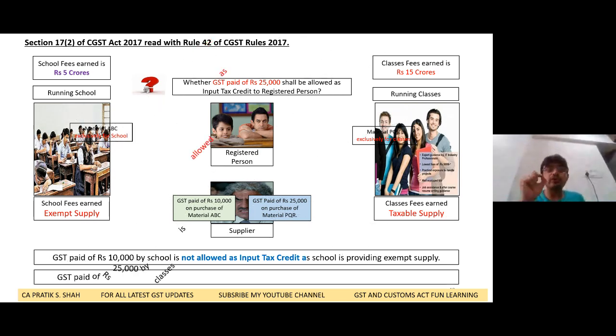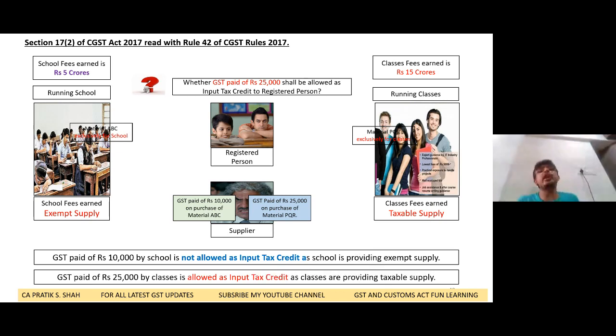So answer, listen, this 25,000 shall be fully allowed as ITC. Why? Because this PQR material is exclusively used for earning taxable income. Clear? So understood the difference? If material is purchased exclusively for exempt income, not allowed. Exclusively for taxable income, fully allowed.